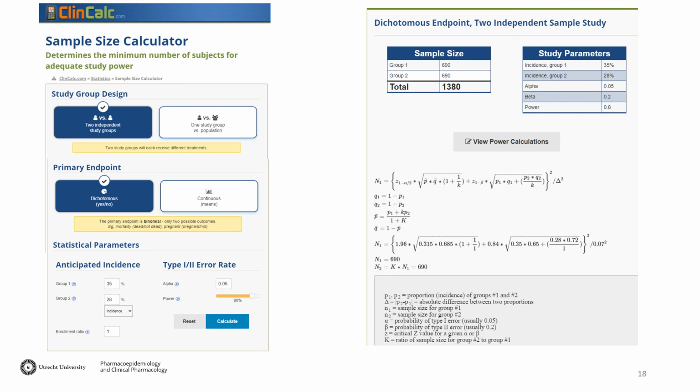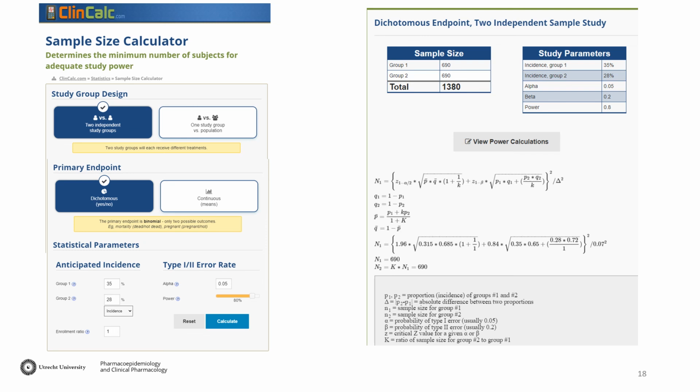So how much do you think there will be for incidence, and then also the enrollment. So that's a number of patients in each group. So for example, if you say for group 1 one patient, I want for group 2 two patients, then they will also take that into account.